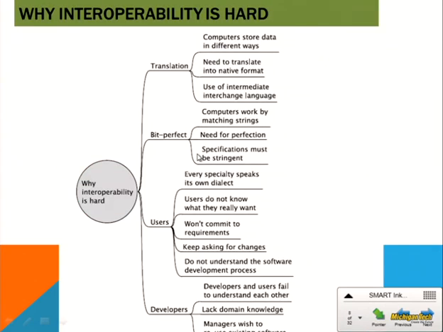In fact, interoperability is very hard to develop, and interoperable health information systems are very hard to build. Why? There are several things we need to think about. First is translation. Computers store data in different ways. Your computer uses this way, their computer uses another way.